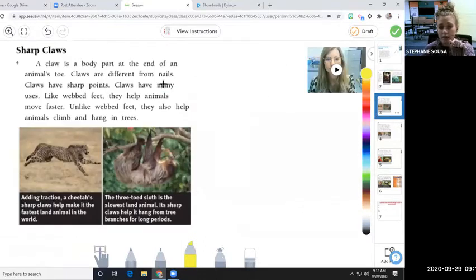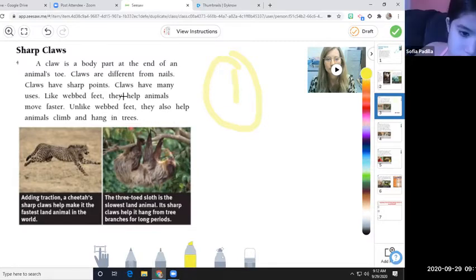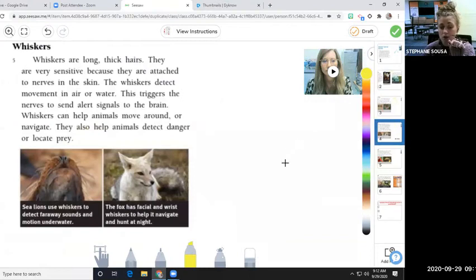On slide 3, you'll notice we're reading about sharp claws. Again, I'll listen to the video and I will highlight one fact that is interesting about sharp claws helping animals survive. I'll do the same thing on slide 4. I'll listen to Ms. Renele's video. This is about whiskers.